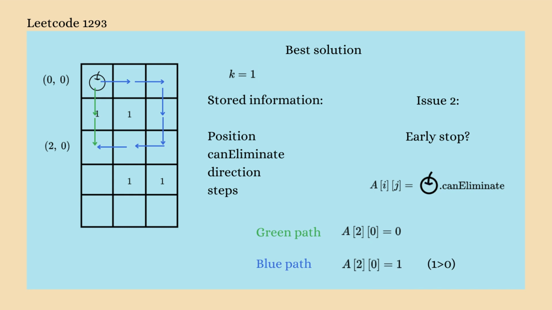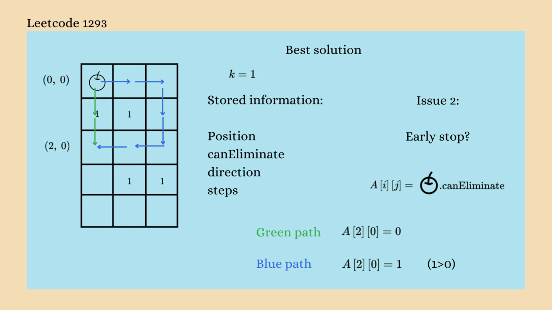Since 1 is greater than 0, we will update our capital A 2, 0 to be equal to 1, and the blue path is still considered as a potential candidate. In summary, if our blue path at later time has a higher can-eliminate variable, we continue considering this blue path as a candidate. On the other hand, if our blue path has a lower can-eliminate variable, we get rid of this blue path.